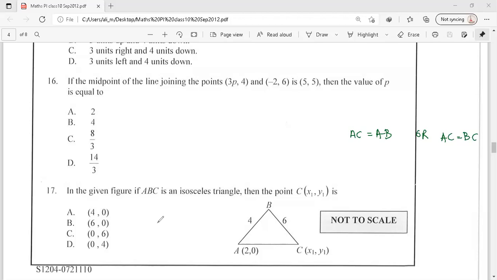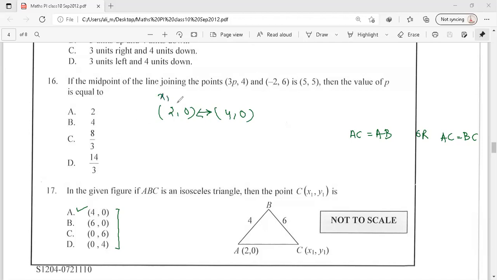So we can take these 4 points one by one as the value of C. So let's take the point in option A, 2 comma 0 and 4 comma 0. The distance between these two points should be equal to 4, or should be equal to 6 for this triangle to be an isosceles triangle.